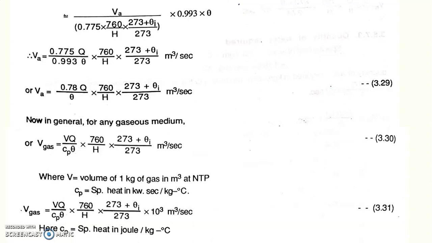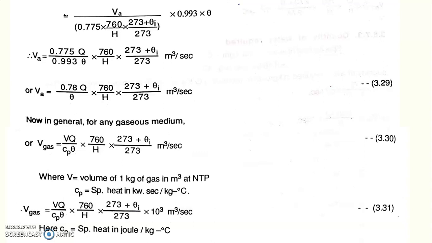Just observe, I will give a hint for further calculations to solve the problem also. Here VA is equal to, the first term is 0.775 Q upon 0.993 theta.